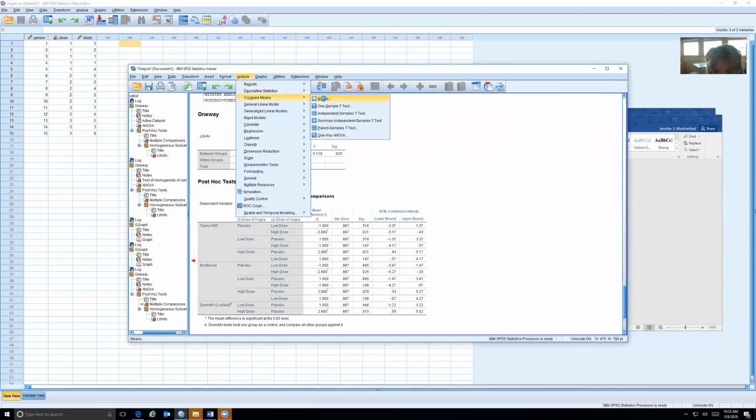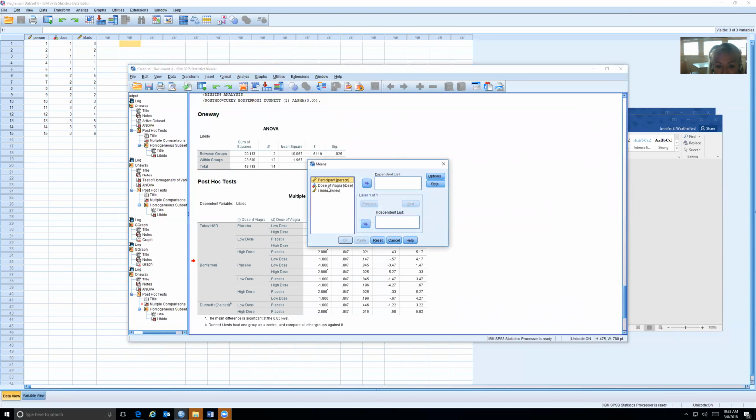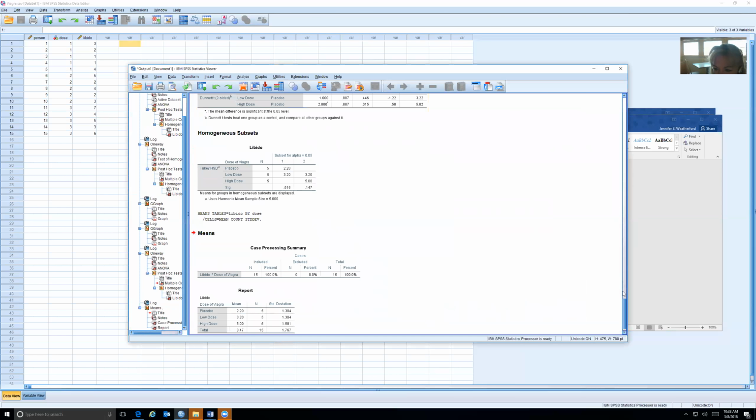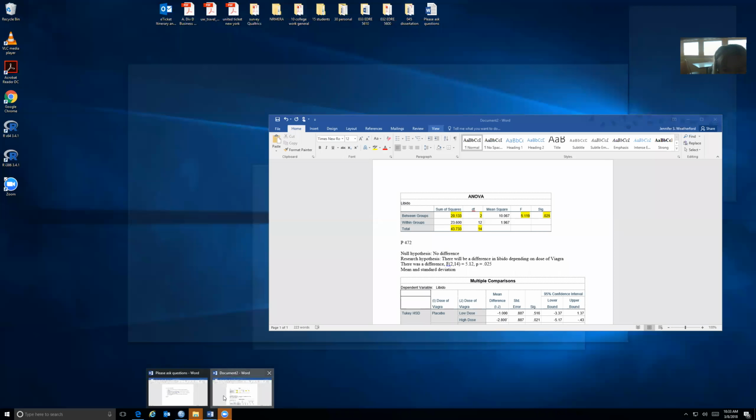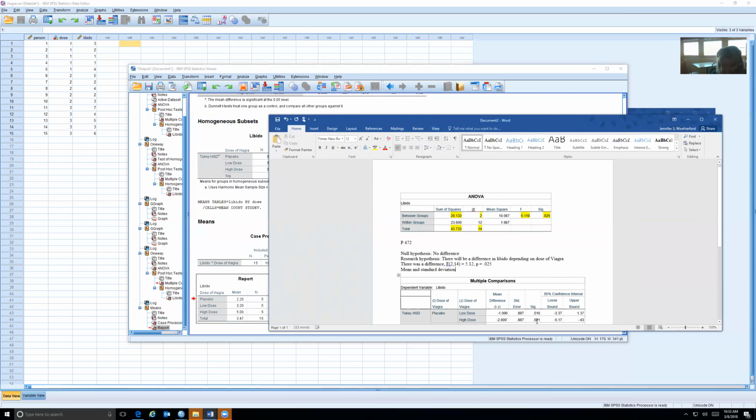Click on Means, and then we want the means for the different libidos, but here in our independent list we can put the dose, which is very nice because then it will separate out our means by placebo, low dose, and high dose. So make sure that you calculate those, come up with those, and report those here in your paper.